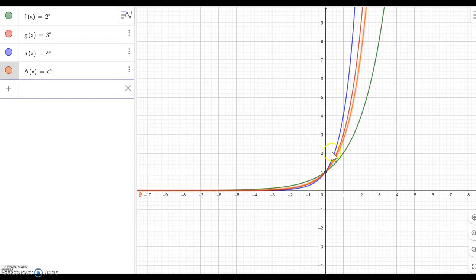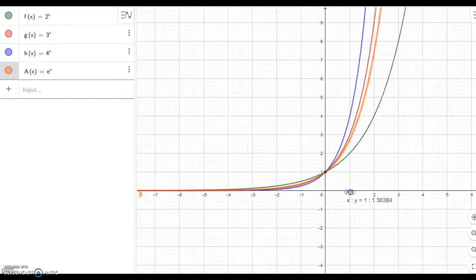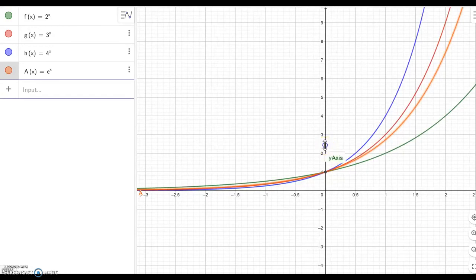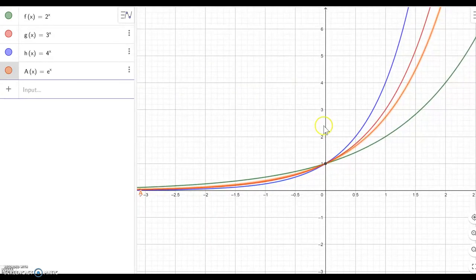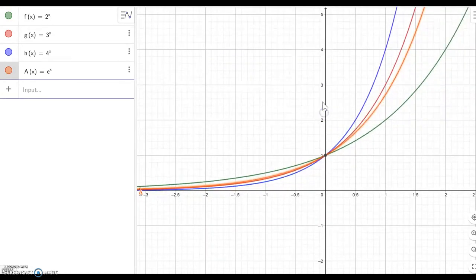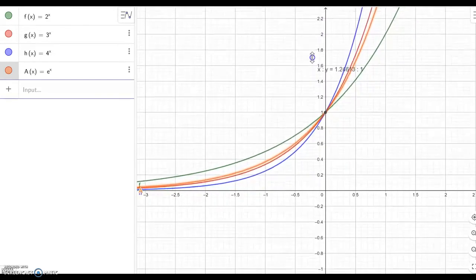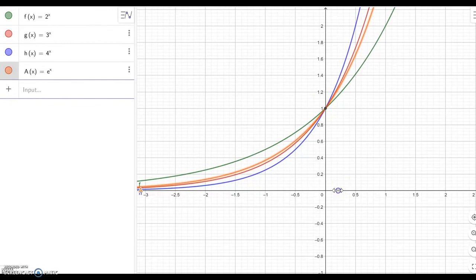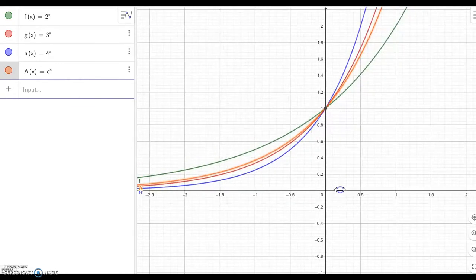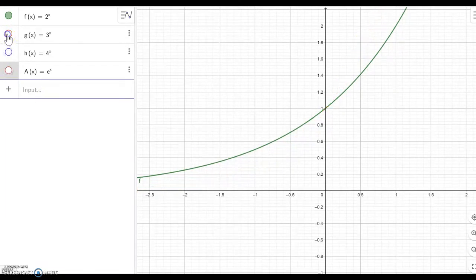I'm going to zoom in a little more so you can see a little better. So what do you see here? I'm going to turn off all the other functions and start from the first one.